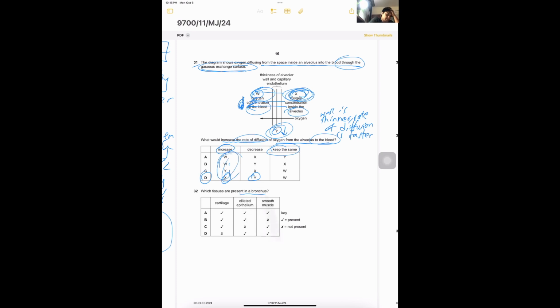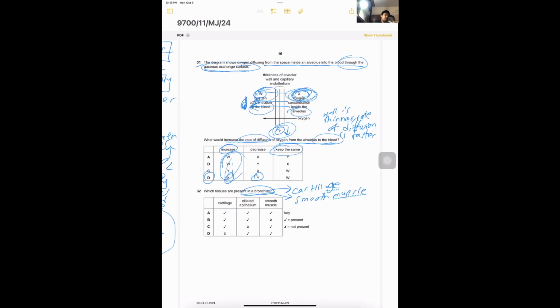Which tissues are present in a bronchus? They do have cartilage, right? Cartilage they have. Then they also have smooth muscle. So this is again theoretical knowledge. As I was saying, in this question we would look at the table.